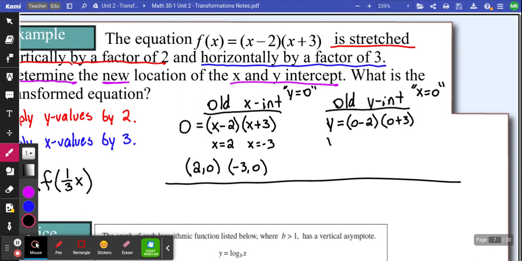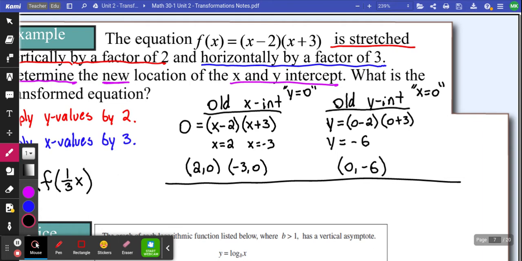You throw that in your calculator, and your y-intercept is negative 6. 0 minus 2 is negative 2. 0 plus 3 is 3. Negative 2 times 3 is negative 6. My old y-intercept is (0, negative 6). Those are the old ones.